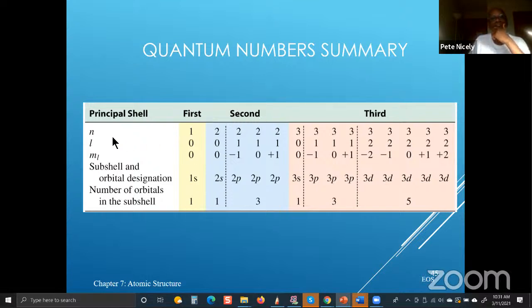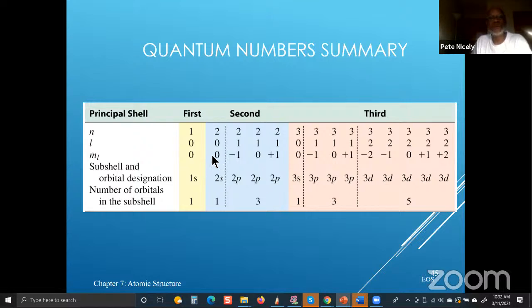Now in the second shell, where N is equal to 2, there are two possible values of L, which would be 0 and 1. And as far as the ML values are concerned, there are 3 possible values of ML. So what that tells us is that within the second shell, there are 2 types of orbitals. The ones for which L is equal to 0, which would be the S orbitals, and the ones for which L is equal to 1, which are the P orbitals, right?